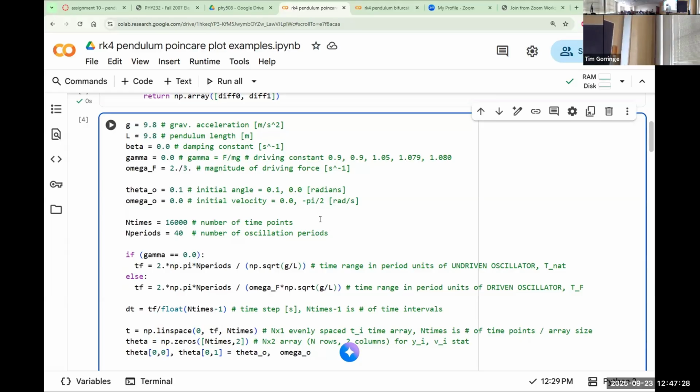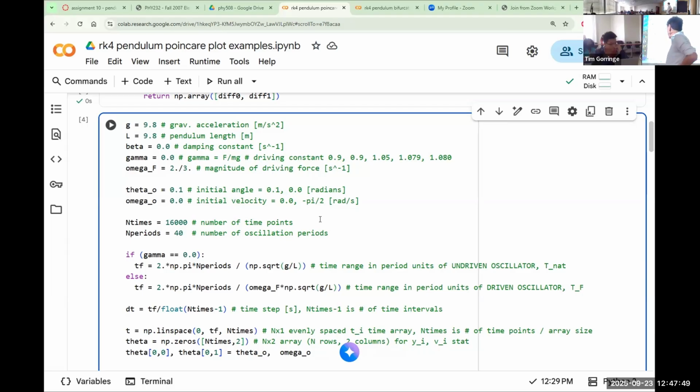These are the parameters of the pendulum. I'm going to start with a pendulum that has a natural frequency, which is the square root of g over L, of 1. I'm going to have its length be 9.8 meters in the Earth's gravitational field at 9.8 meters per second squared.